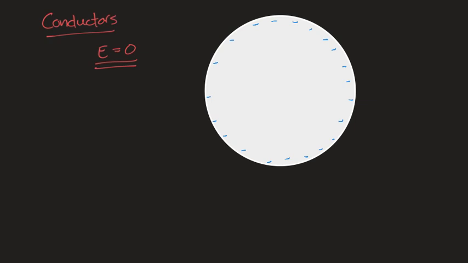If I bring a positive charge close to a conductor, it's going to attract more negative charges. So these charges will tend to move to the side of the circle where the positive charge has been brought.